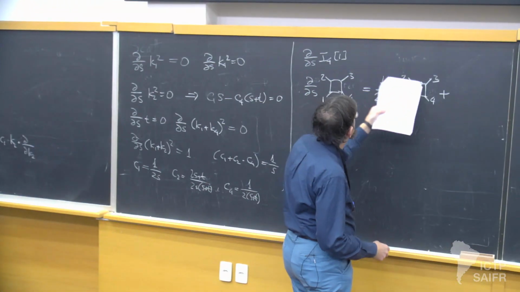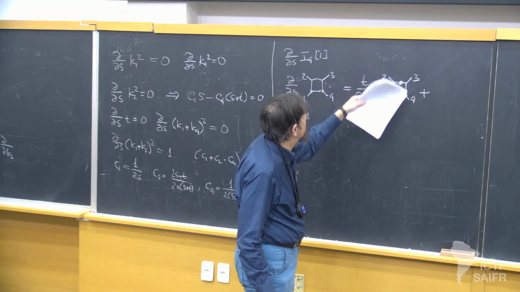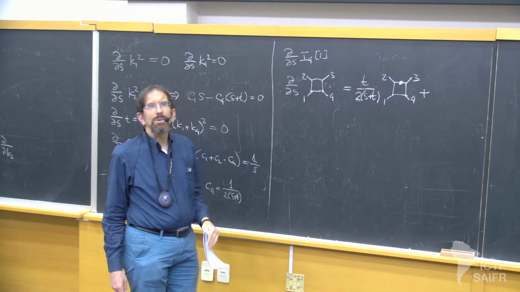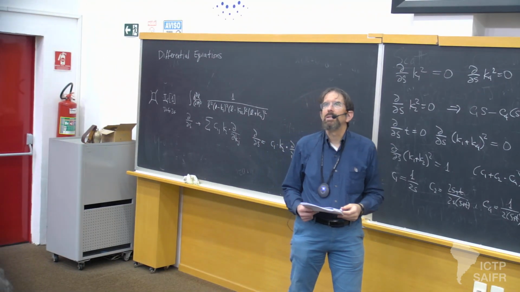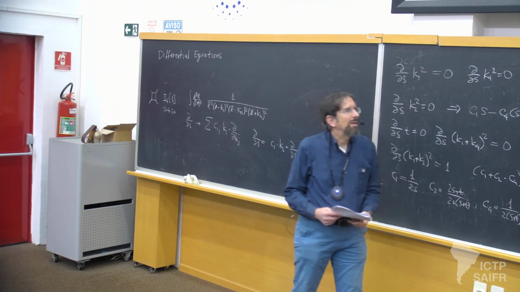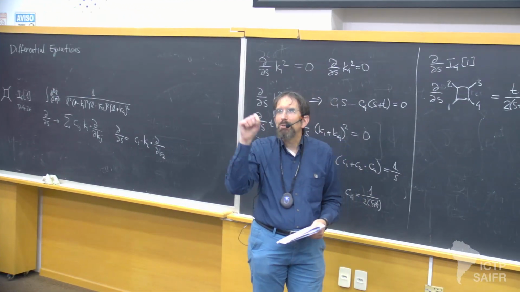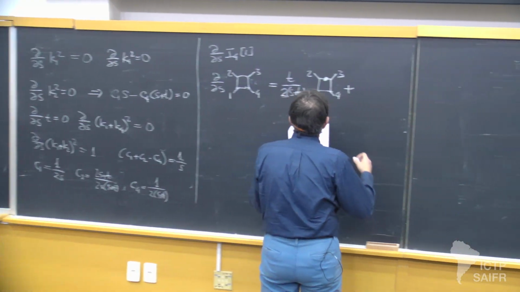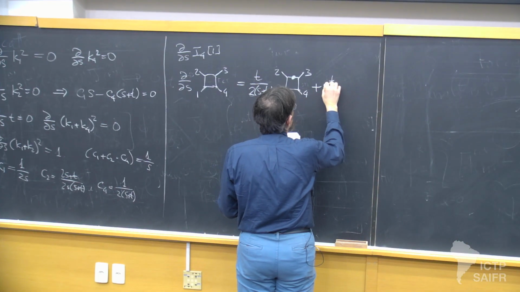And if you were unfortunate enough to start differentiating objects like this and got a triple propagator, you just put another dot on. And I don't think in the literature anywhere I've seen more than 3 dots on a line, but if you're going to put many, many more of them, you might use some notation like a dot with something in brackets to indicate how many dots are there, or a dot raised to some power.